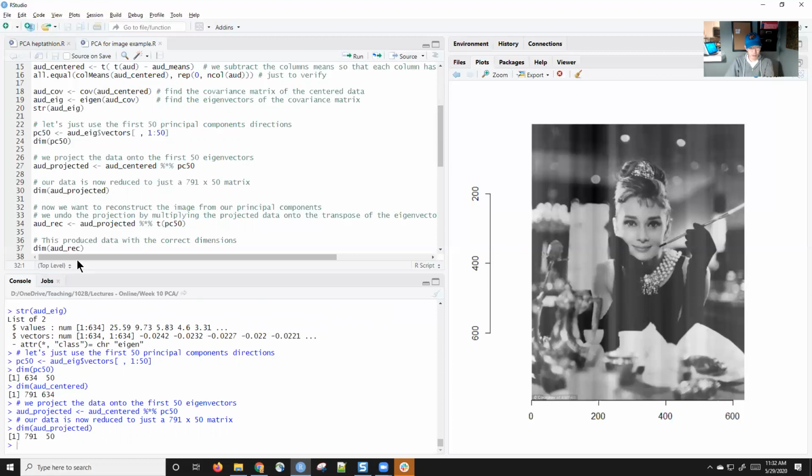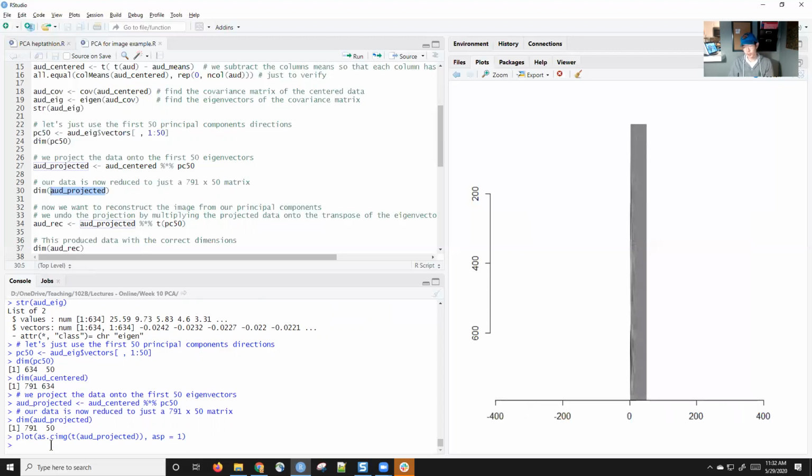Now, if I try to display this and show you what this image looks like, it won't look like anything. 791 rows, 50 columns, it's just a gray rectangle with some blotches here and there.